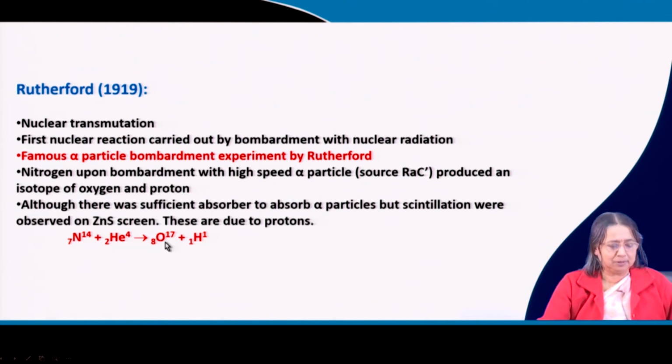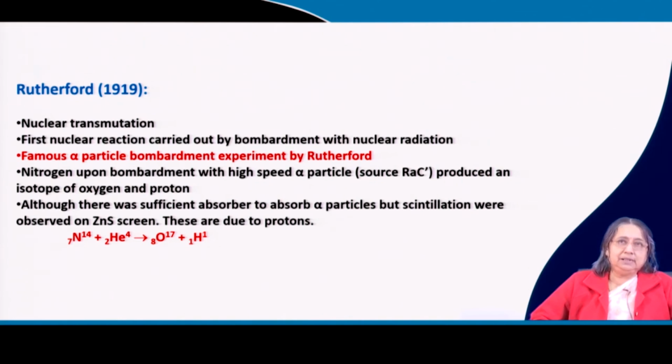So, it is an isotope of oxygen with atomic number 8, and a proton is produced. There was sufficient absorber to absorb the alpha particles. You have seen the properties of alpha particles, that they can be easily stopped.